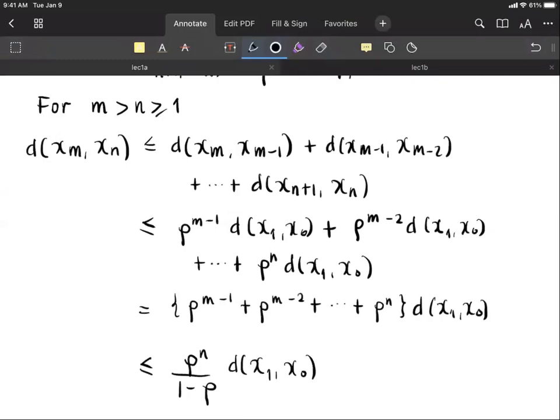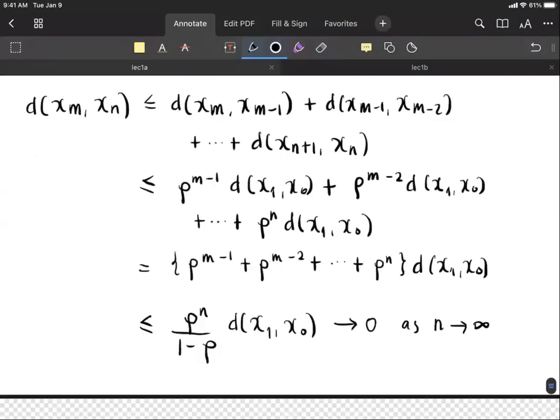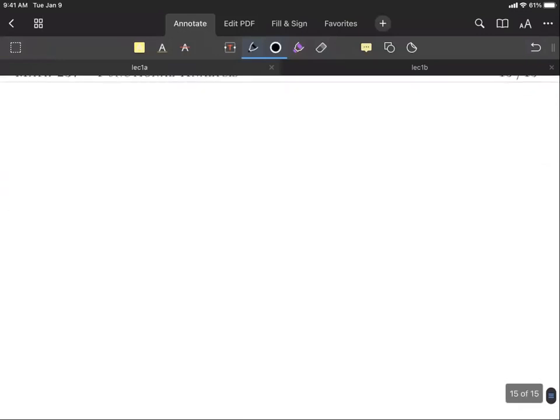And from this inequality, take note that this goes to 0 as m and n go to infinity. And based on this, we can now conclude that x sub n is a Cauchy sequence in X.